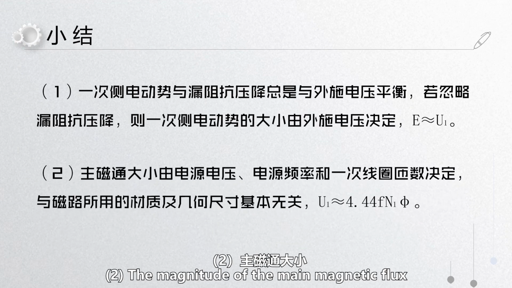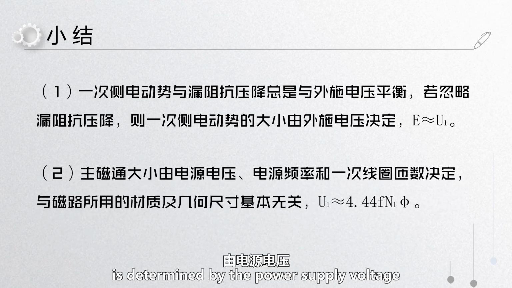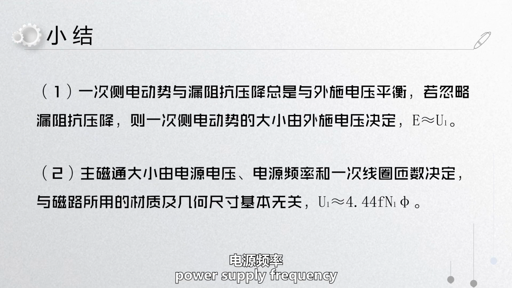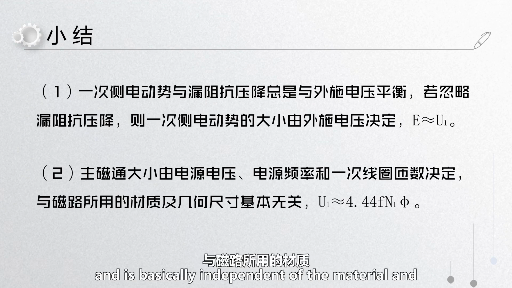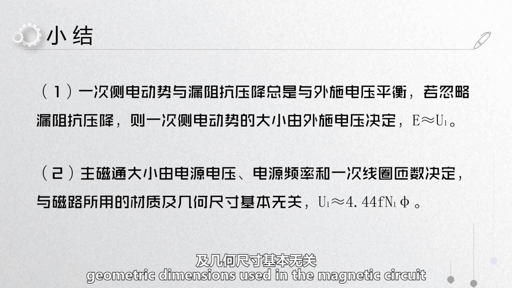Second, the magnitude of the main magnetic flux is determined by the power supply voltage, power supply frequency, and the number of turns of the primary coil, and is basically independent of the material and geometric dimensions used in the magnetic circuit.